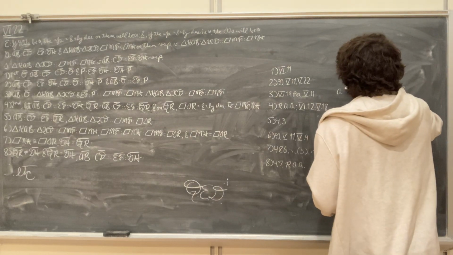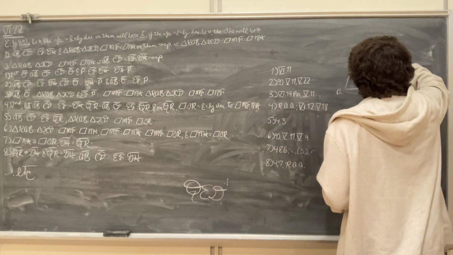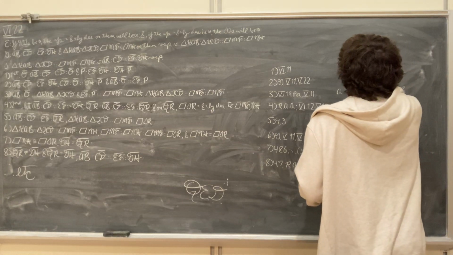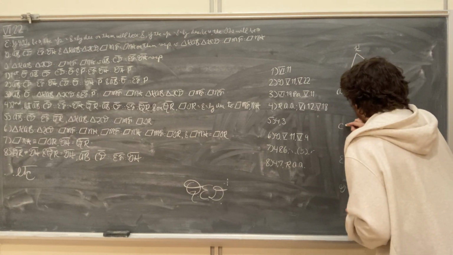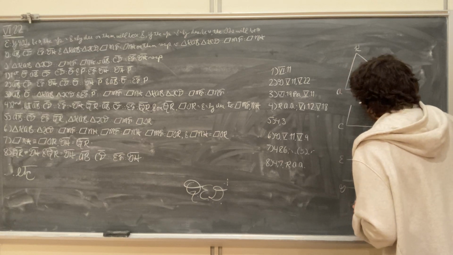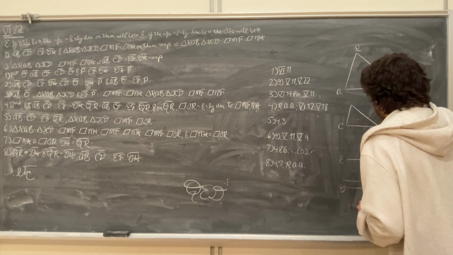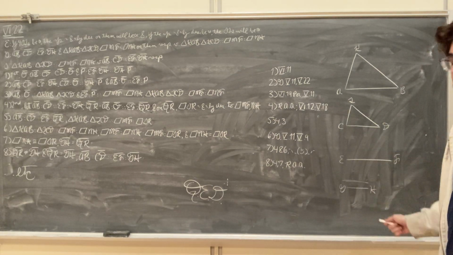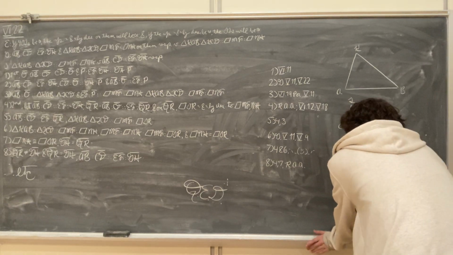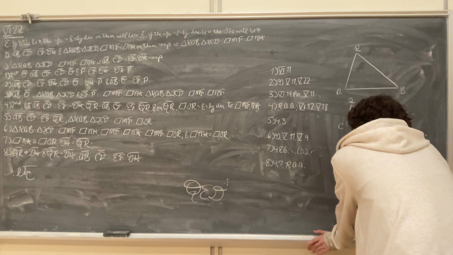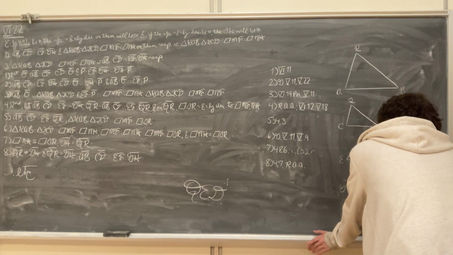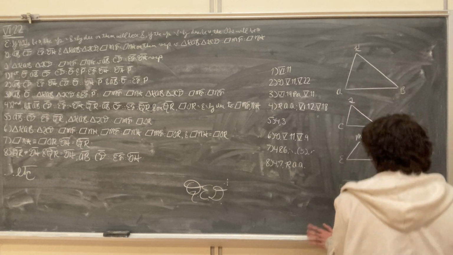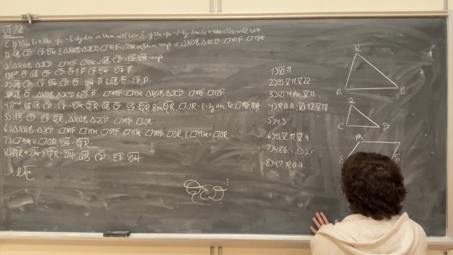So on AB, we're going to have the triangle KAB, which is similar to the triangle LCD. And likewise on EF and GH, we're going to have two parallelograms, MF and NH.